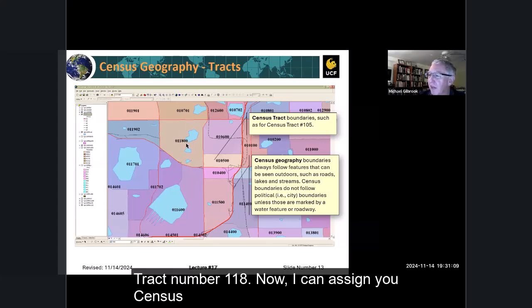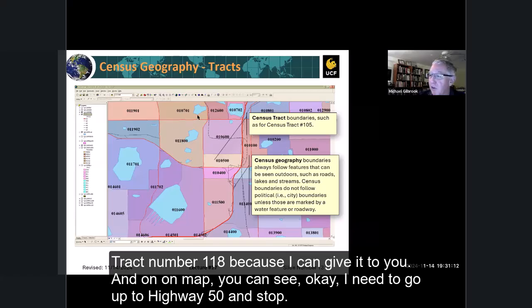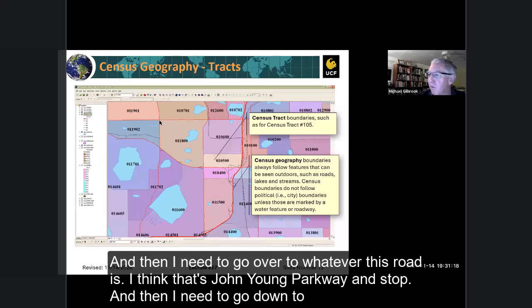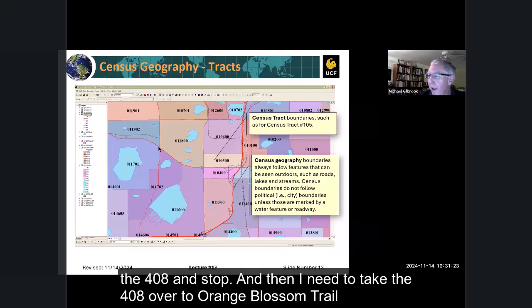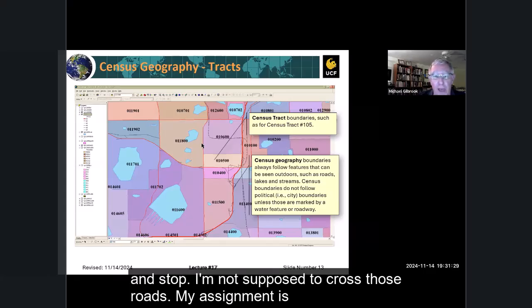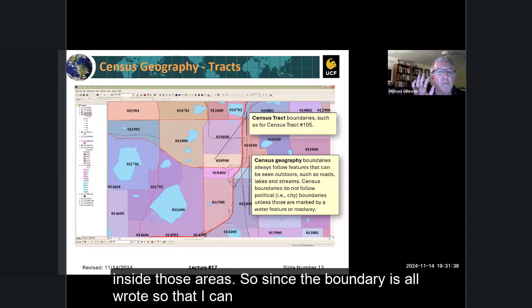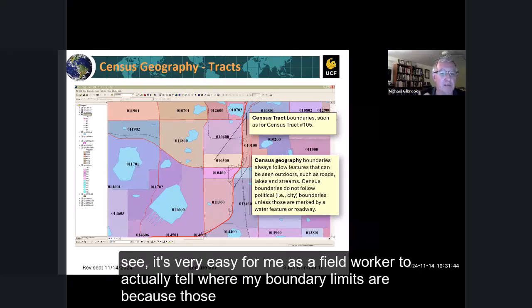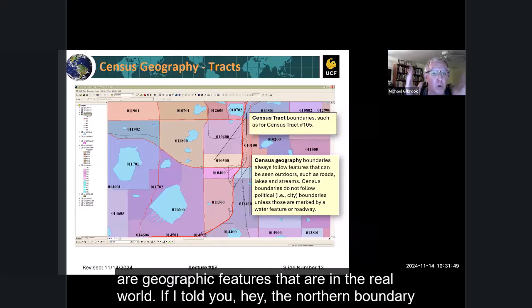I can assign you census tract number 118 because I can give it to you, and on a map you can see, okay, I need to go up to Highway 50 and stop, and then go over to, I think that's John Young Parkway, and stop, and then go down to the 408 and stop, and then take the 408 over to Orange Blossom Trail and stop. I'm not supposed to cross those roads. My assignment is inside those areas. Since the boundary is all roads that I can see, it's very easy for me as a field worker to tell where my boundary limits are because those are geographic features in the real world.